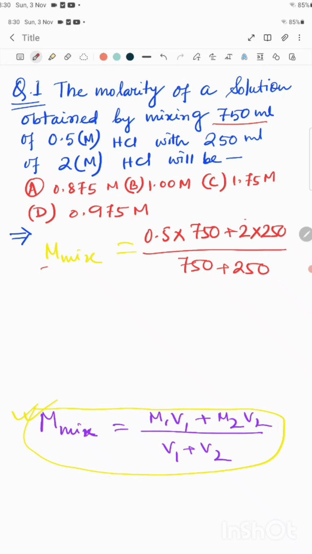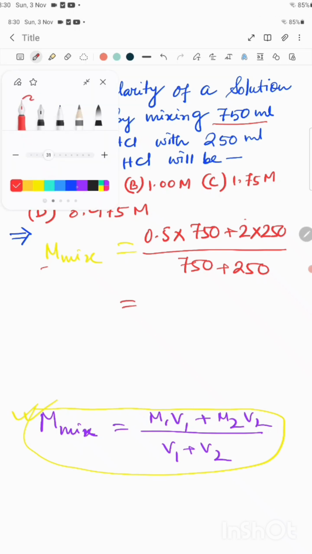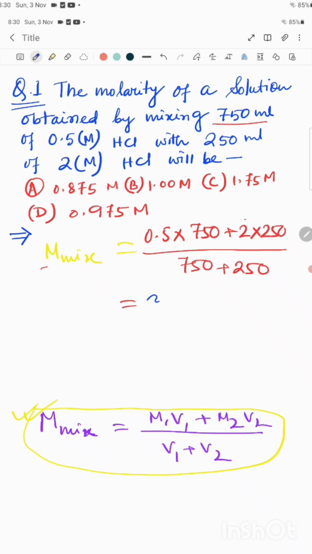If you calculate, the result will come 0.875 M. So what is the correct option? Option A is the correct option.